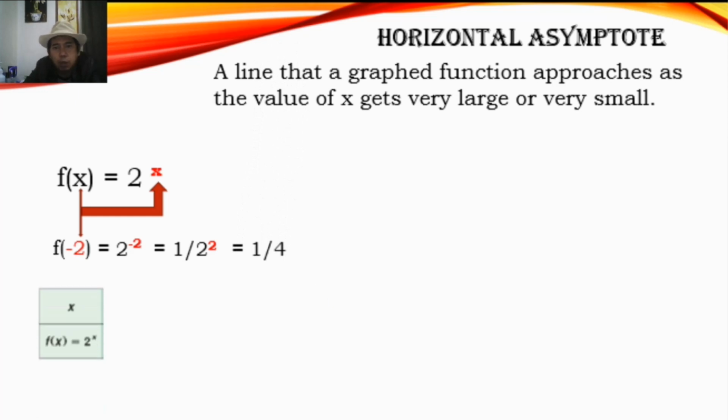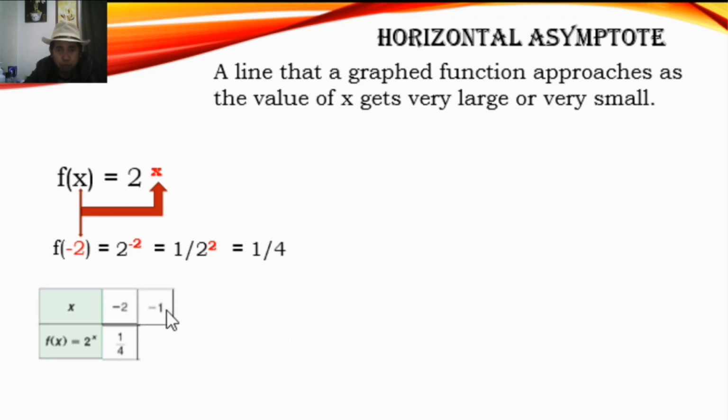Now, what about if we consider evaluating the function and plotting this one? I have in here the original function, f of x is equal to 2 raised to x. If I have negative 2, it will give me 1/4. So that is the same as this one. What about if I have negative 1?